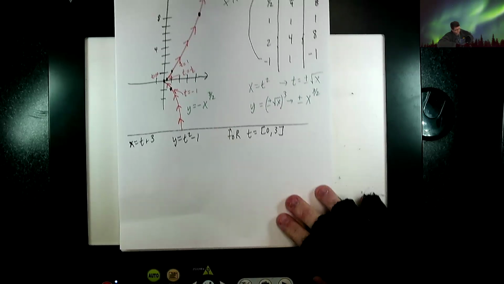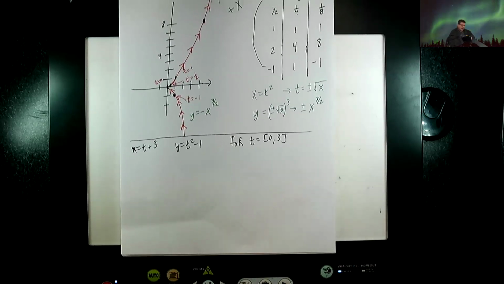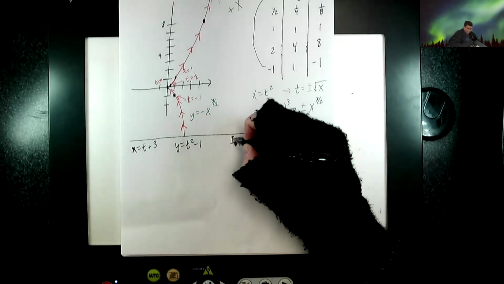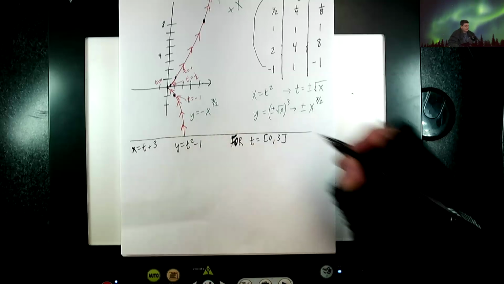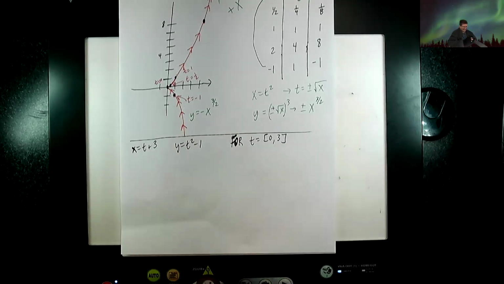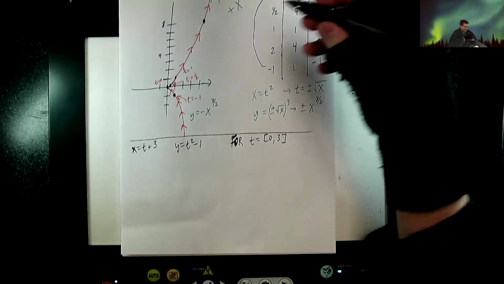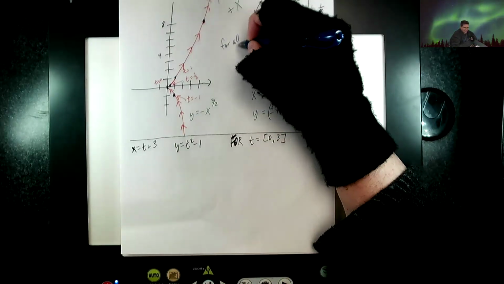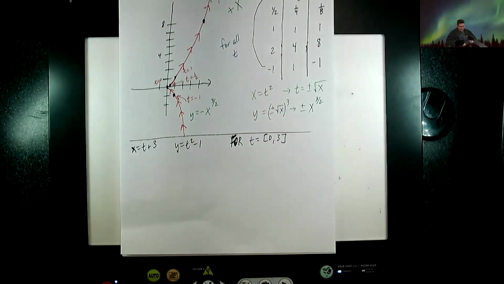So what was the reason for the limits on t? Is there a meaning behind that? It's because I messed up. Thanks for calling me on it. This up here was for all t. I didn't specify that. Here, we're going to limit it.